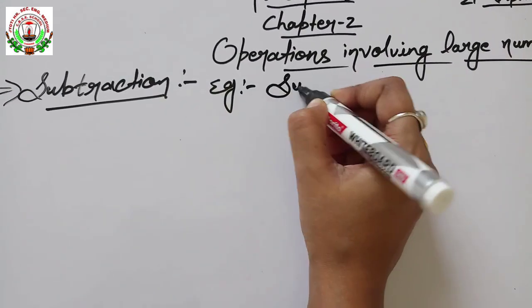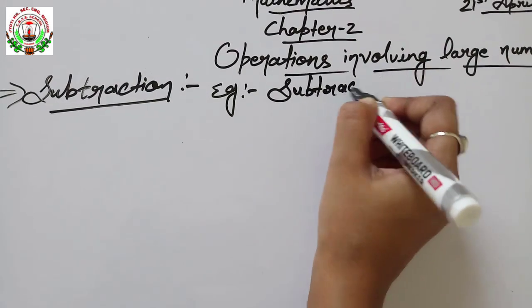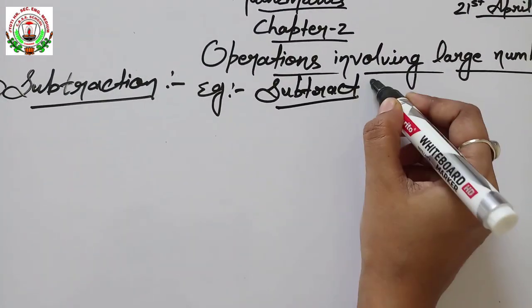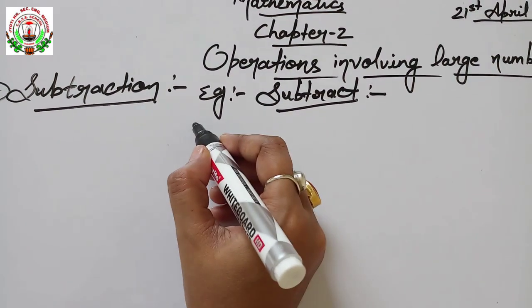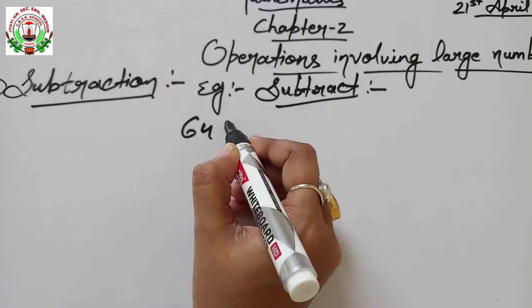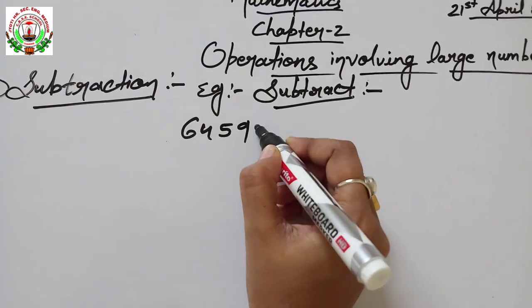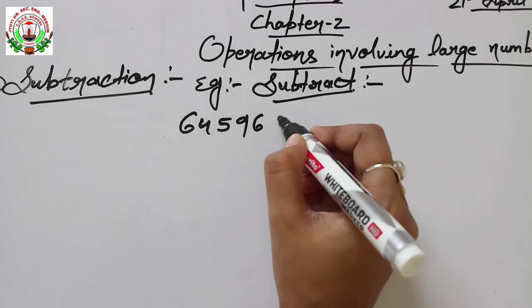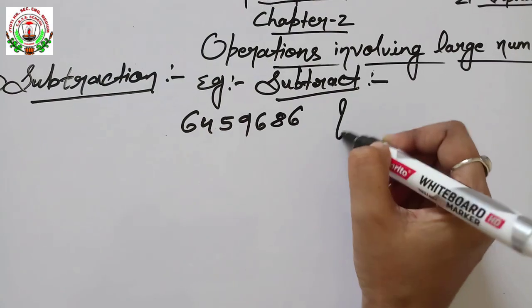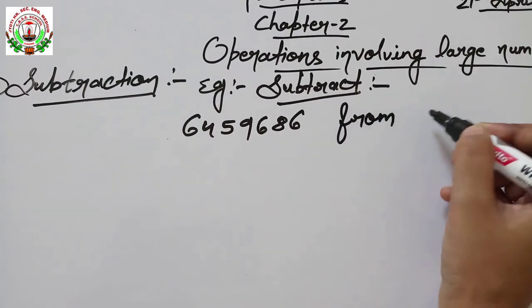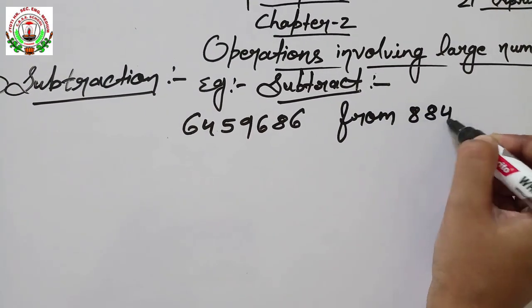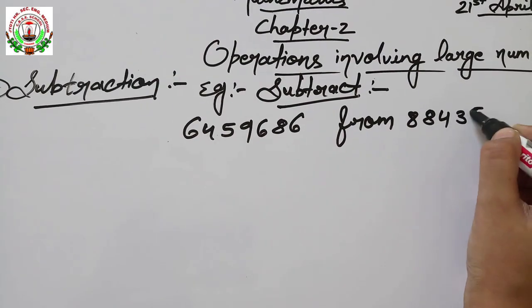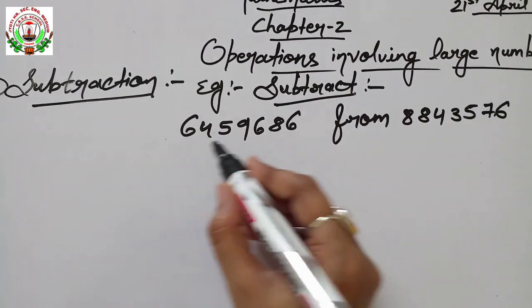First question is: subtract 6459686 from 8843576. This is given.